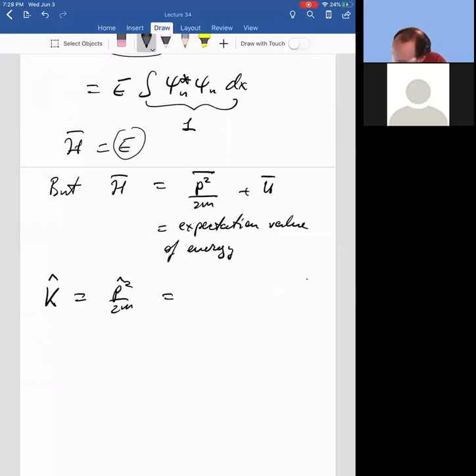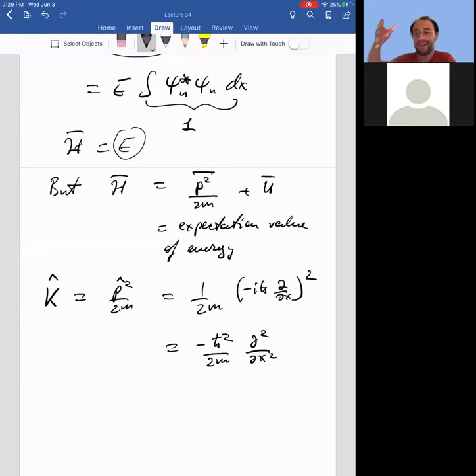But p hat is what? Minus i h bar partial x, whole squared, which is minus times minus is a plus, but i times i is a minus, which is minus h bar squared over 2m times the second derivative. Yes, you can multiply derivative operators and turn a first derivative into a second derivative. First derivative squared is a second derivative. It works just like that.